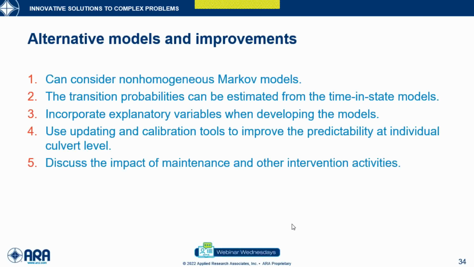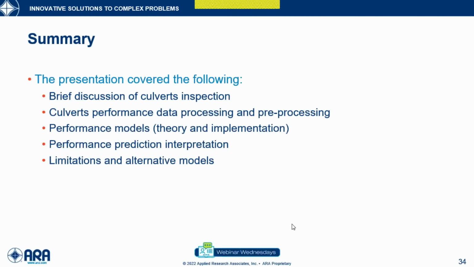And also one thing that we didn't discuss, and I think others have been looking at it, it's not a new topic obviously, is the impact of maintenance and intervention activities in the model, how to construct that as part of the model, and how it would affect future deterioration.